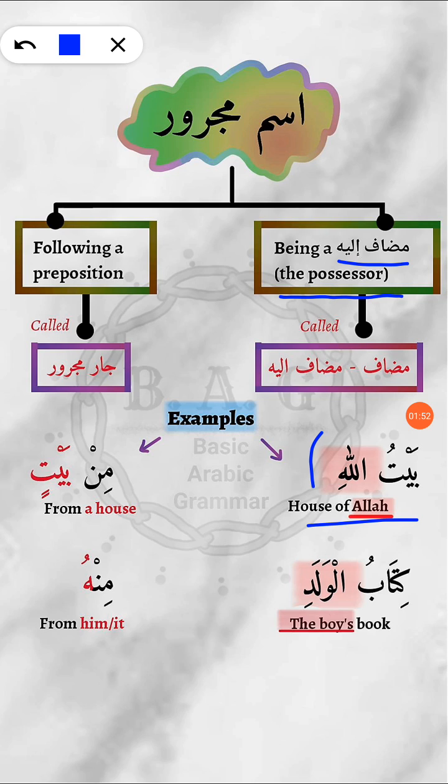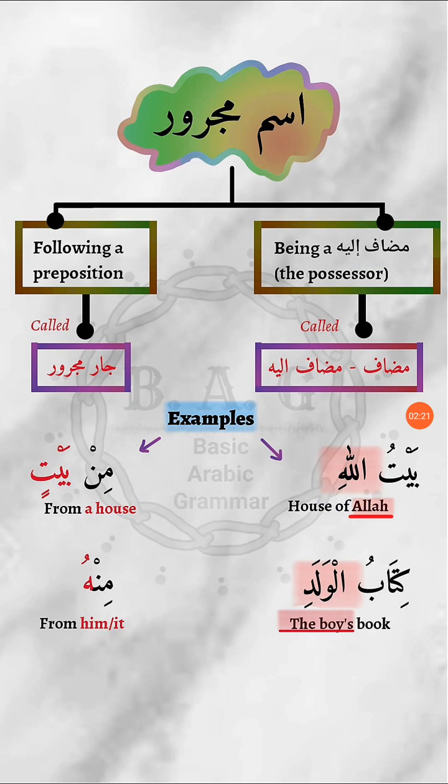Right here, the word Allah is the possessor, therefore it's called mudaf ilayh, and it's in jar form, as you can see. Similarly, Kitabul Waladi. Here, the boy is the possessor, therefore it is jar, and of course it's called mudaf ilayh. This is a fragment mudaf ilayh, and inshallah we will cover it shortly, but right now in this very lesson our focus is the jar majrur fragment.